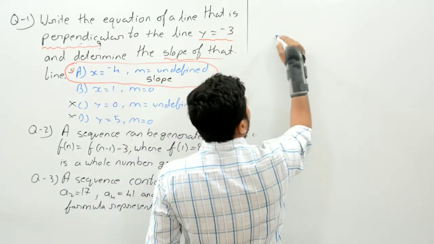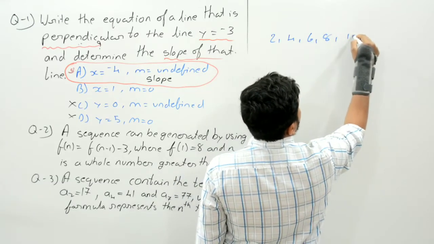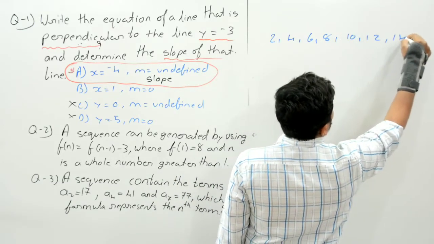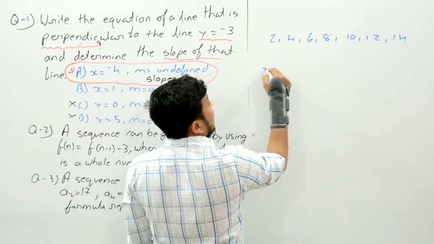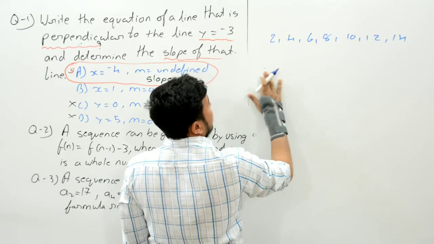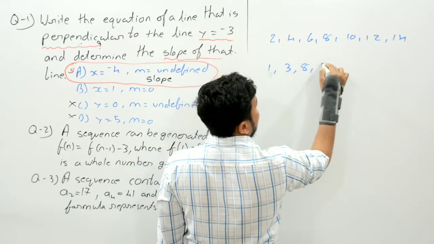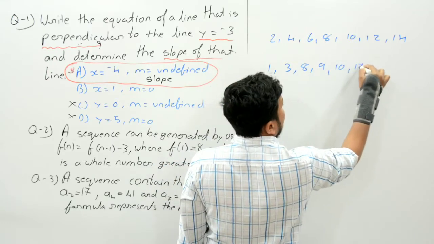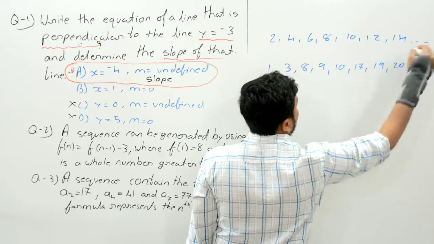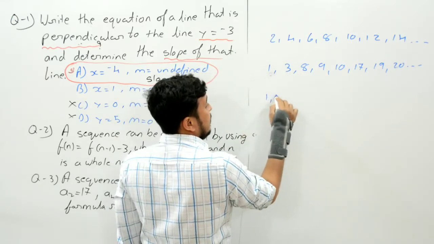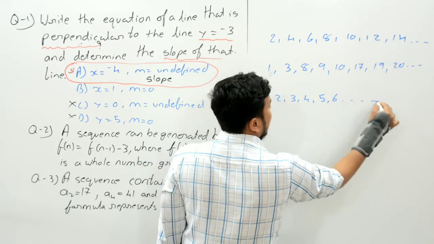For example, 2, 4, 6, 8, 10, 12, 14. There is another one: 1, 3, 8, 9, 10, 17, 19, 20 and so on. There can be 1, 2, 3, 4, 5, 6 and so on.